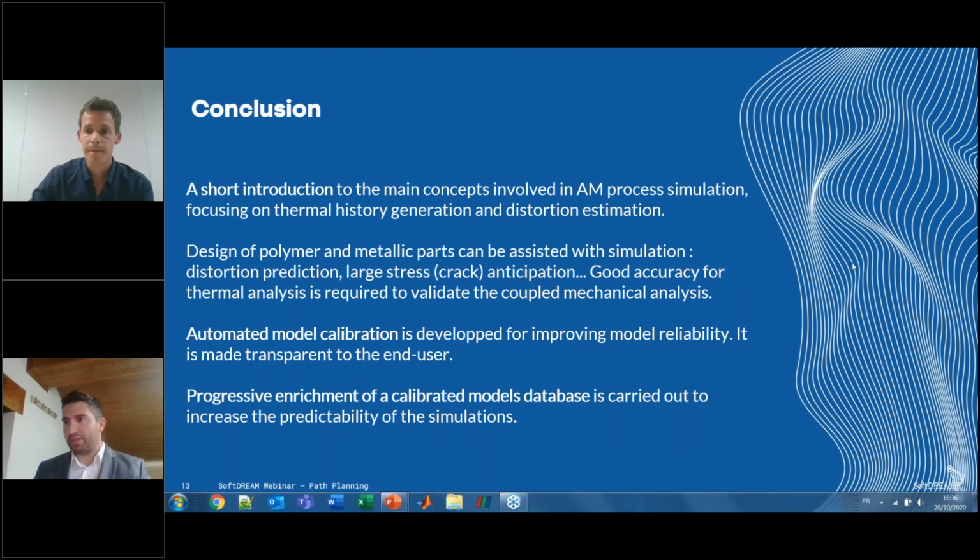Thank you, Fabien. A short introduction to the main concepts involving additive manufacturing simulation was focused on thermal history, and from that we generate distortion models. We design our polymer and metallic parts assisted by numerical simulation.